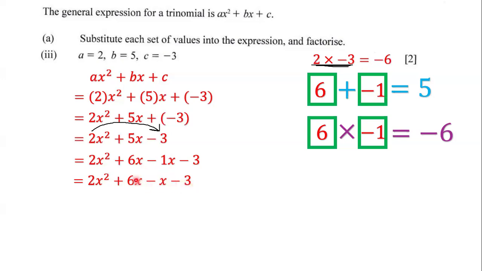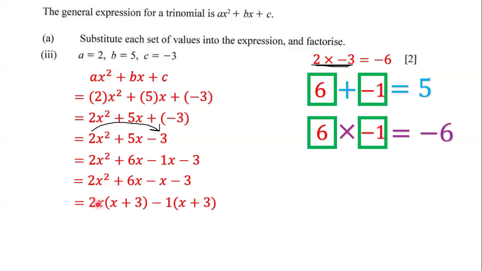Next, we factorize. If we look at these first two terms, can we find any common factors? Well, 2 is a common factor of 2 and 6 because 2 goes into 2 and 6. And x is a common factor because x is a factor of this term and of this term.